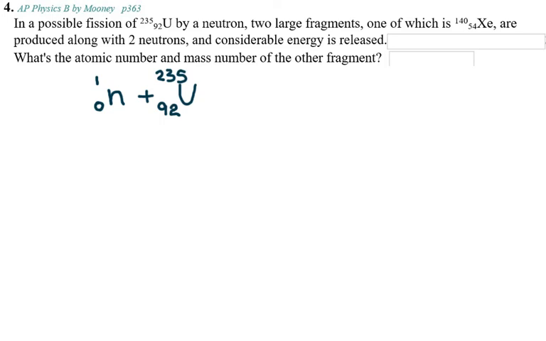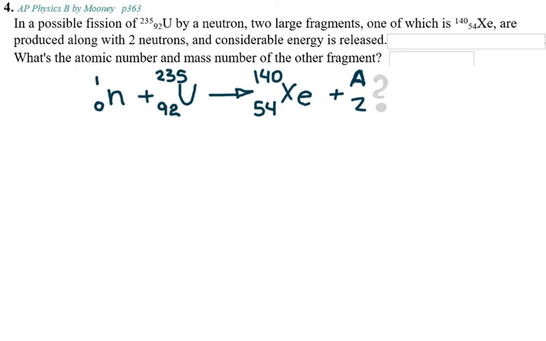After this reaction, you will have xenon, which is Xe-140. It has 140 nucleons and 54 of them are protons. Then you have an element that you do not know what it is. It has a mass number and an atomic number that we have to figure out.